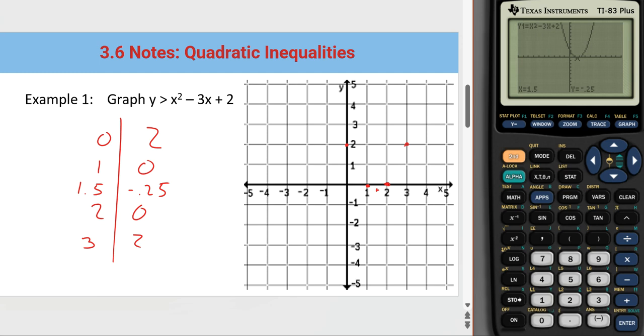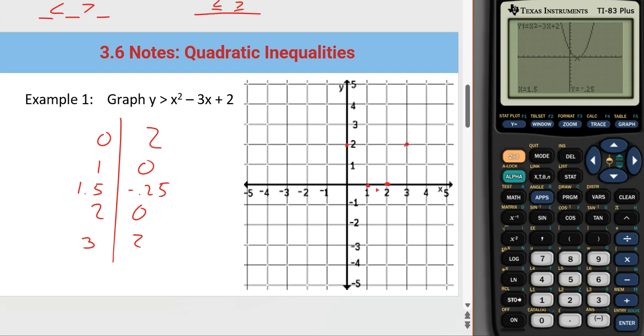Now, when I draw my line for my graph, if this was a linear inequality, we have that concept of either a dashed line or a solid line. A dashed line is for less than and greater than, and a solid line is for the or equal to's.